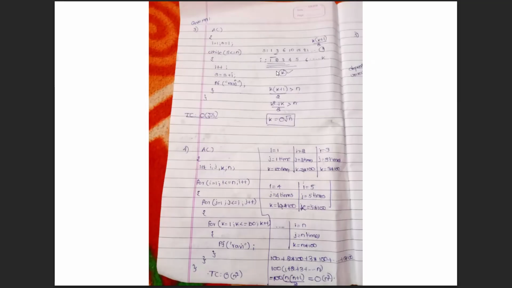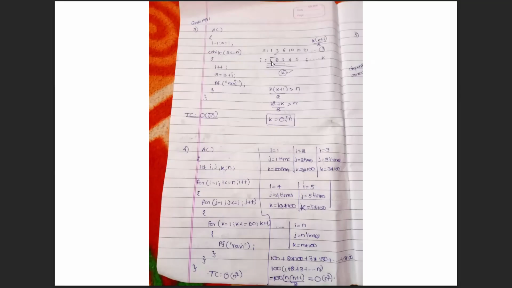So as we know, this loop will continue up to k times. At what time will the condition become false? Whenever the sum of the natural numbers is greater than n. Here we see up to s less than or equal to n, so this s value will run from 1 to n.